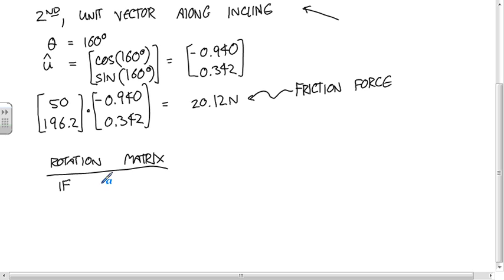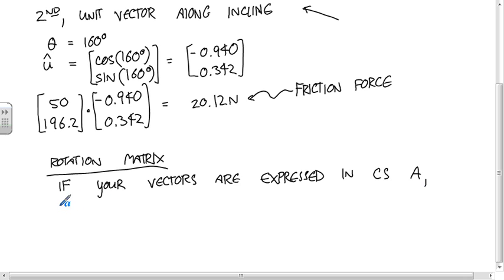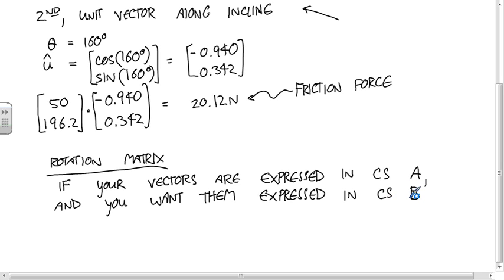If your vectors are expressed in coordinate system A, and you want them expressed in coordinate system B.